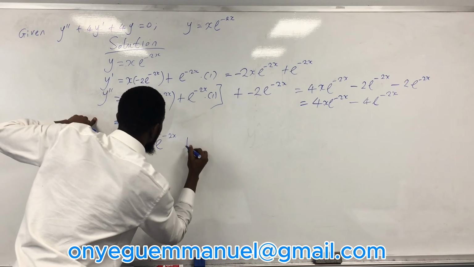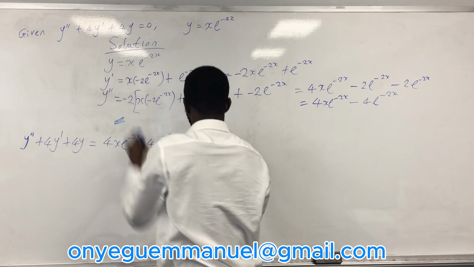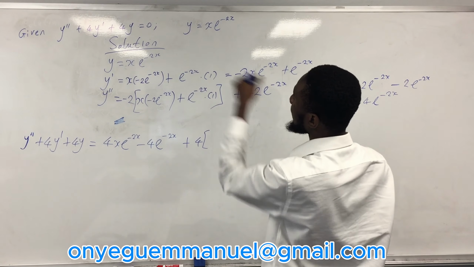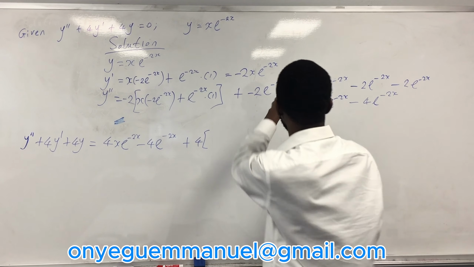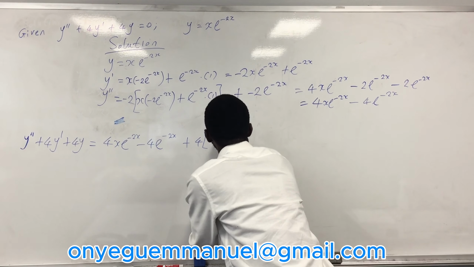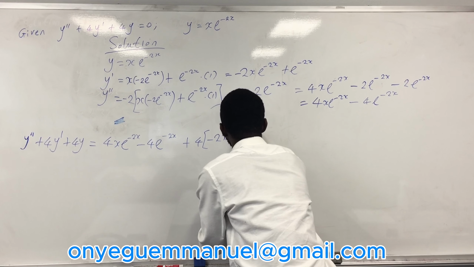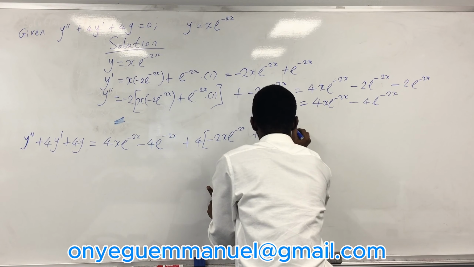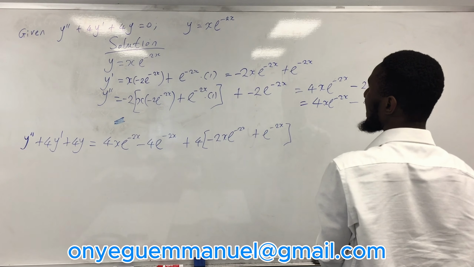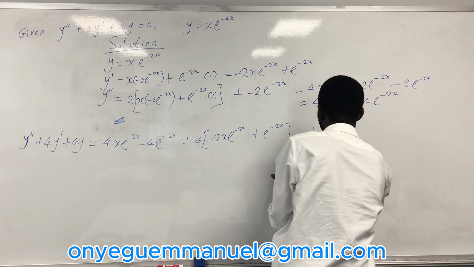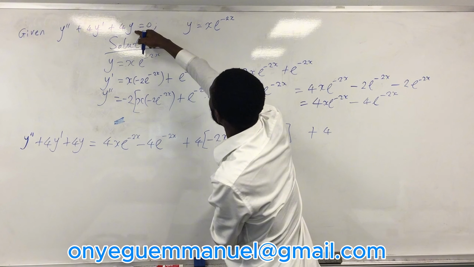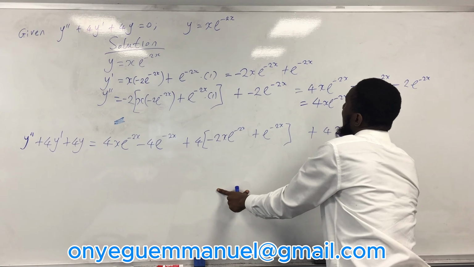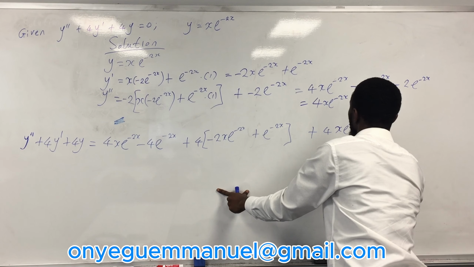Plus 4 times y prime. Our y prime is minus 2x exponential minus 2x plus exponential minus 2x. Plus 4 again, and our y. Our y is x exponential minus 2x, equal to 0.